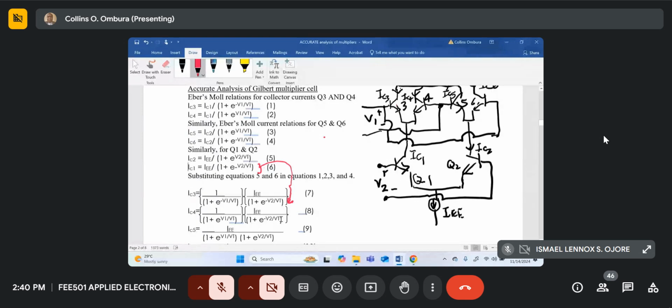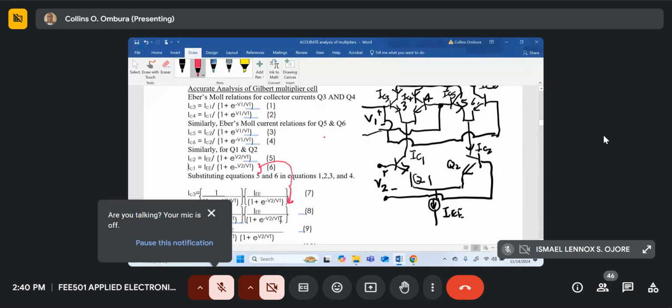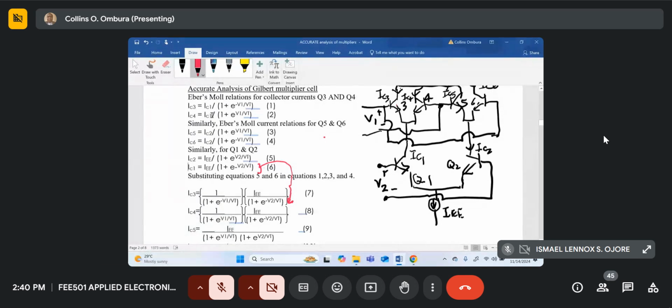All right, let's check this. IC4 again. From equation 2, IC4 is IC1. Now let's look at IC1 from equation 6. It's minus in the numerator. So actually in equation 4, I'll put it on the right-hand side.